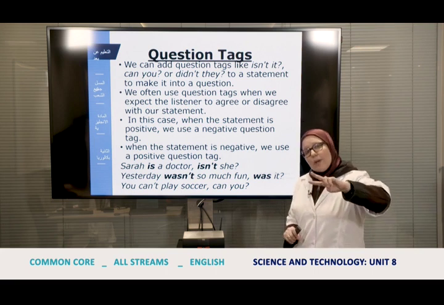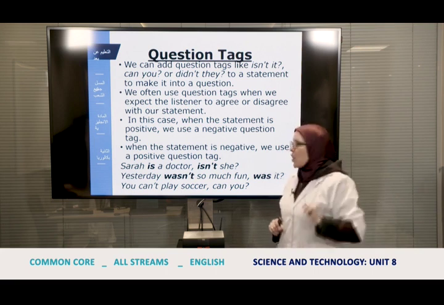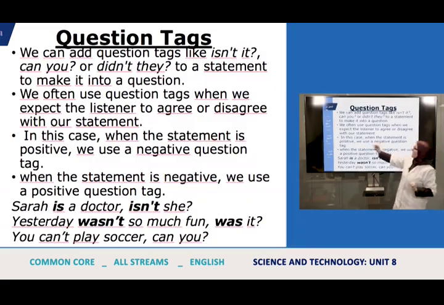And so now we come to the form, how we can form question tags. When the statement is positive, we use a negative question tag, and vice versa. It means when the statement is negative, we use a positive question tag. Let's have a look up here. Sarah is a doctor. So this sentence is positive. That's why we put it into the negative form.